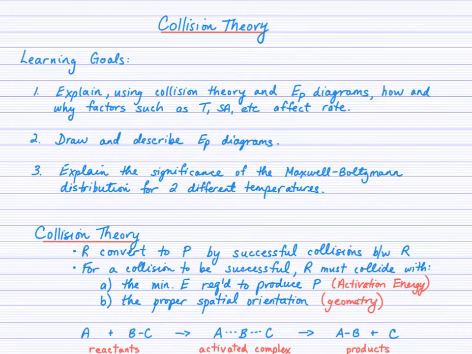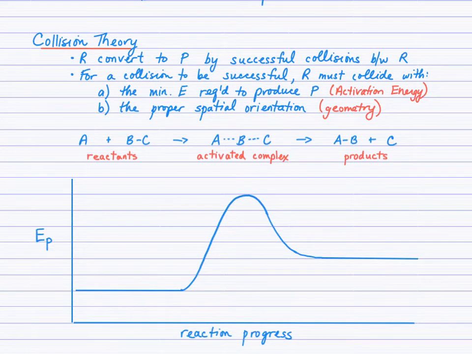Maxwell-Boltzmann distribution. So the main premise of collision theory is that reactants convert to products by successful or effective collisions between the reactant particles. So you'll see that I use those two words interchangeably. Successful here, right, and also effective.